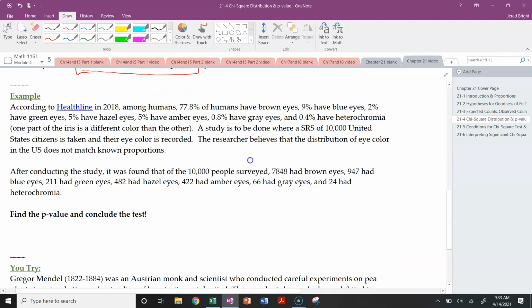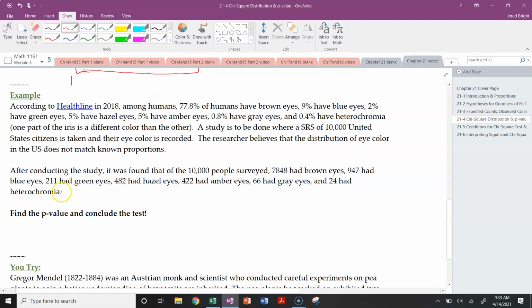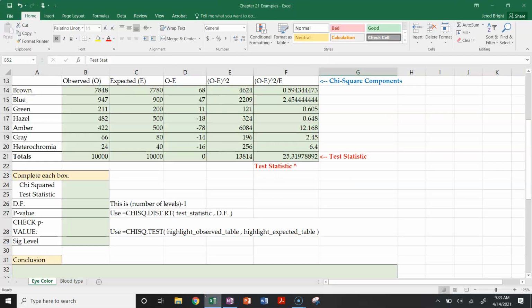Okay, so we're back in our example, and we've done all that hard work. We just want to calculate the p-value. So hopefully you have this saved. If not, you can just follow along. We have our test statistic, that's the 25 number. Degrees of freedom is going to be the number of levels minus 1.